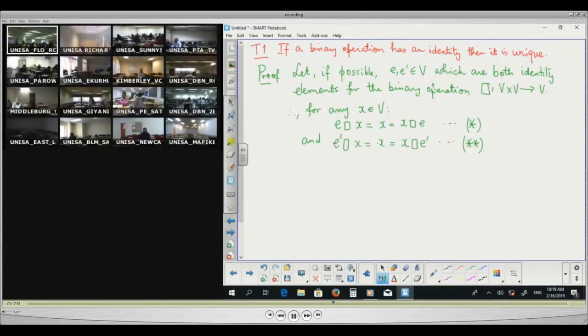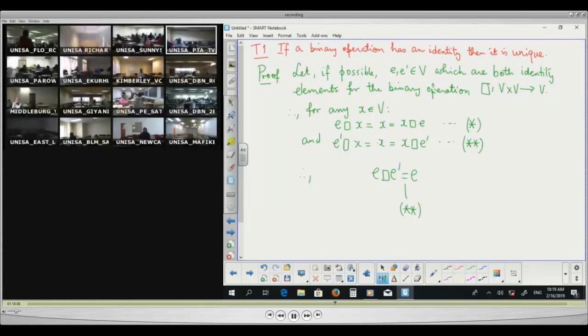Now, from double star, this has to be E. From single star, this has to be E prime. That's it.